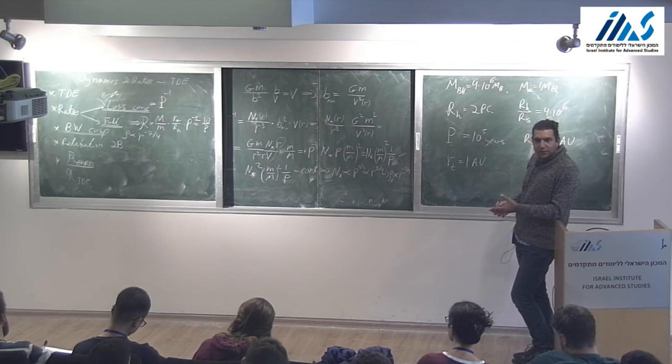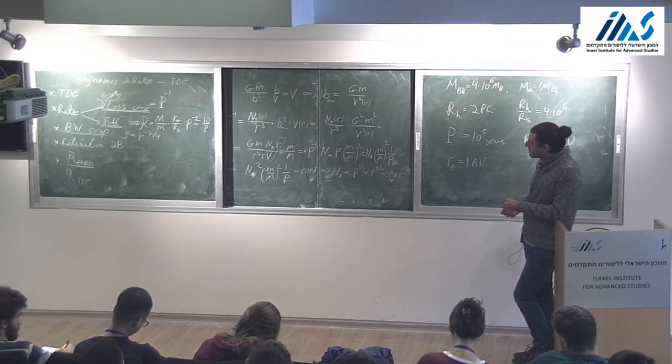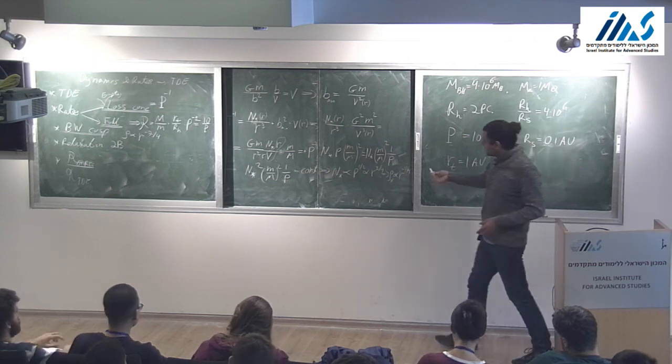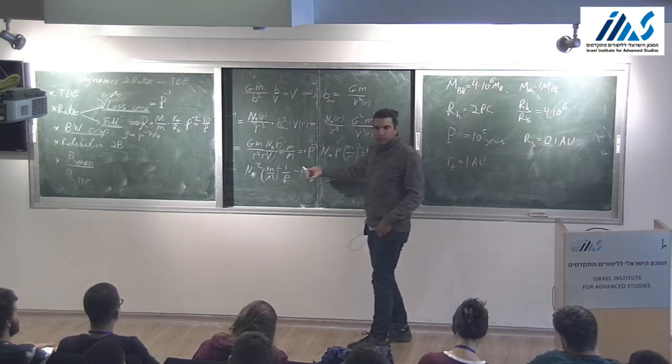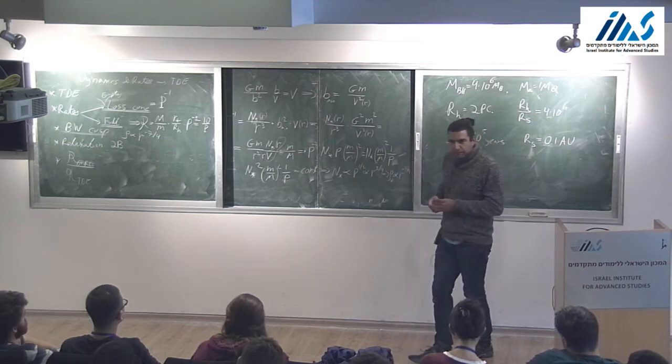So what's wrong in this argument? Does this argument tell us where the stars are going, inward or outward? No, it just said there is a constant flux.